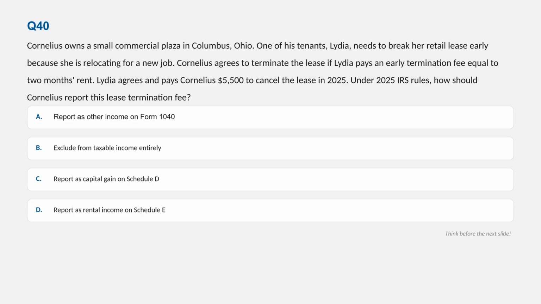Lydia agrees and pays Cornelius $5,500 to cancel the lease in 2025. Under 2025 IRS rules, how should Cornelius report this lease termination fee? A. Report as other income on Form 1040. B. Exclude from taxable income entirely. C. Report as capital gain on Schedule D. D. Report as rental income on Schedule E.